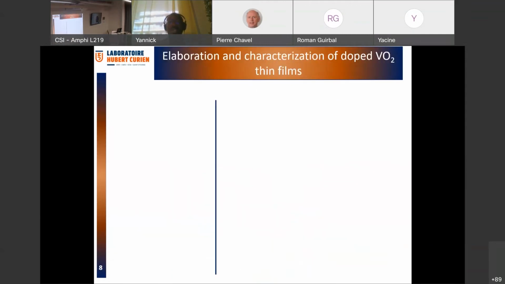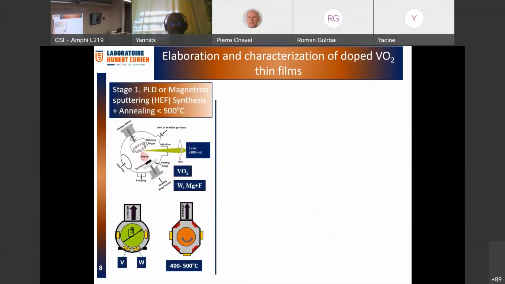And how to elaborate that? We have three main stages. The first one is to deposit our material using pulsed laser deposition, which will be done in the laboratory Hubert Curien, and magnetron sputtering at HF.